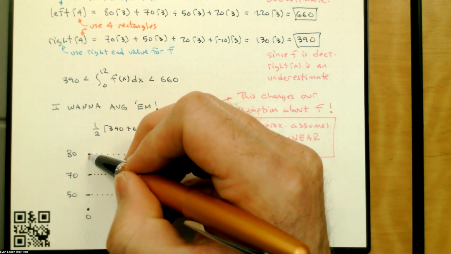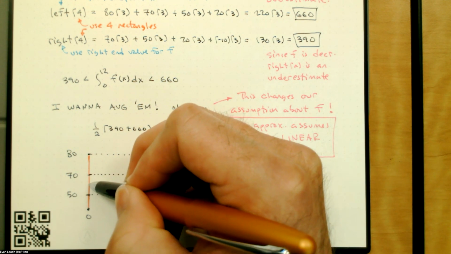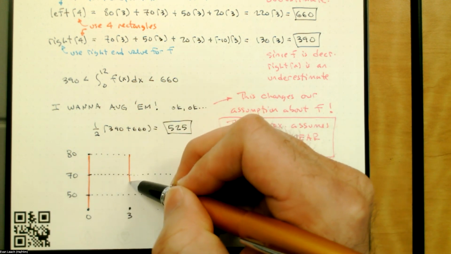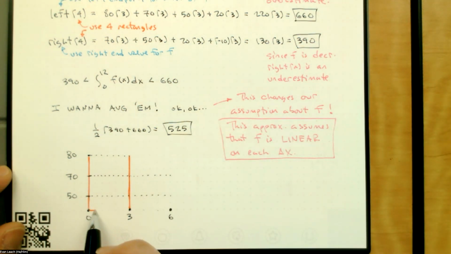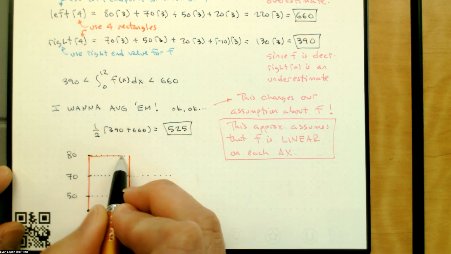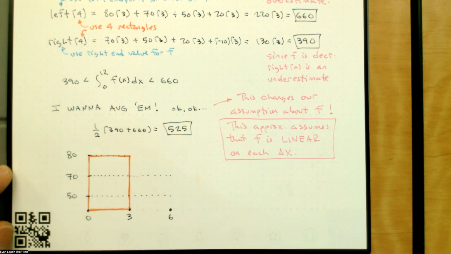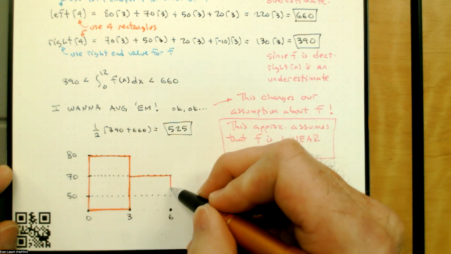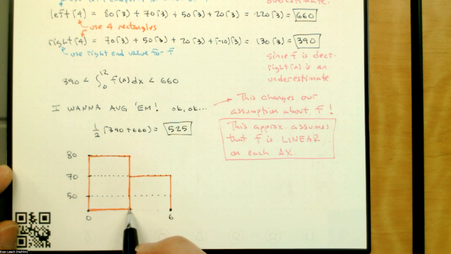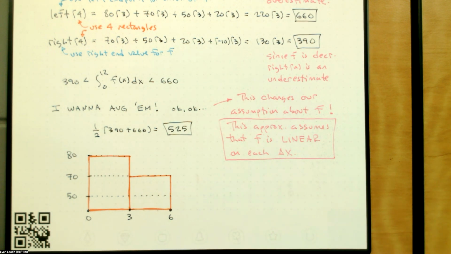I used this value, and I said just use the left value for this entire 3 units. And then here's the left. And f of x is constant on each 3 unit interval. Constant, flat.